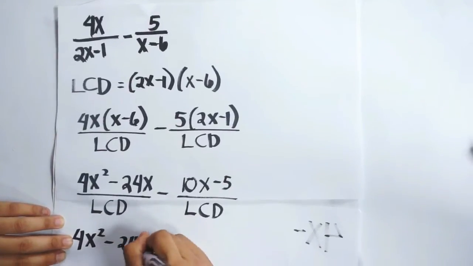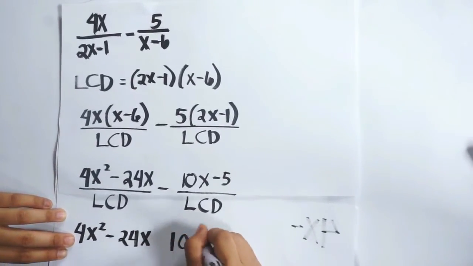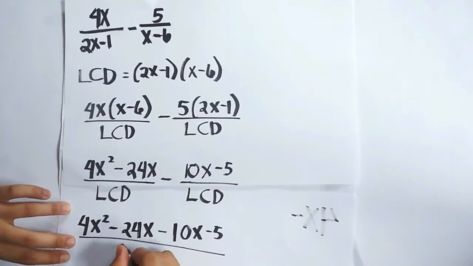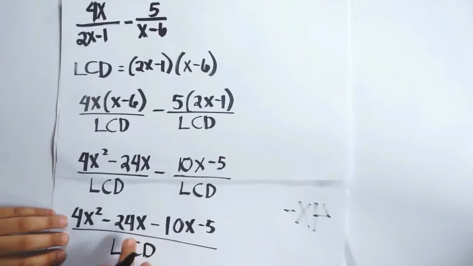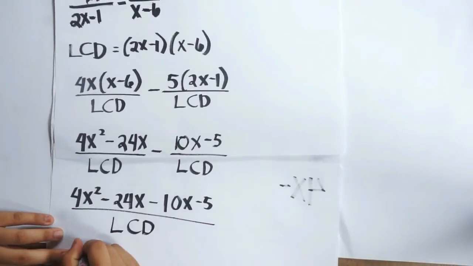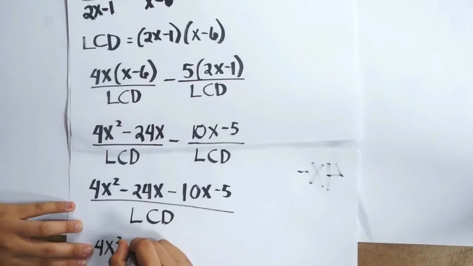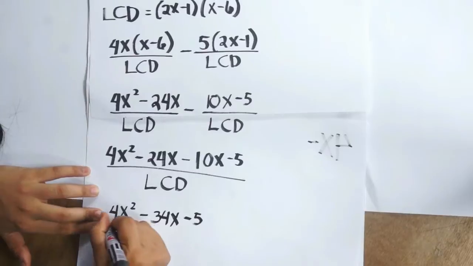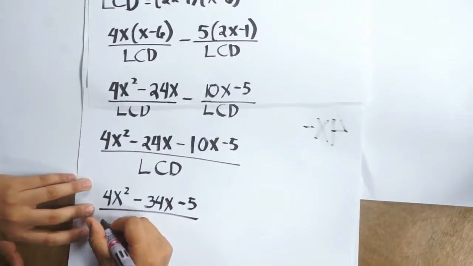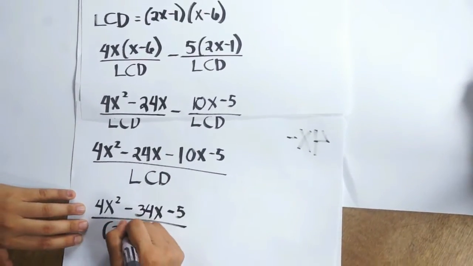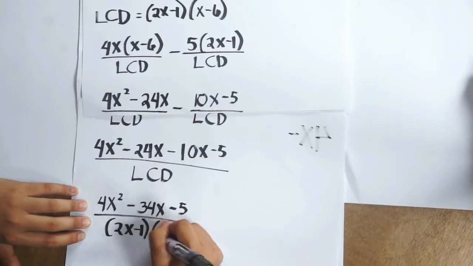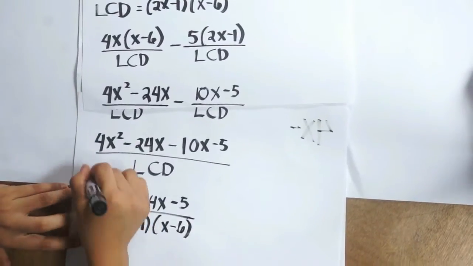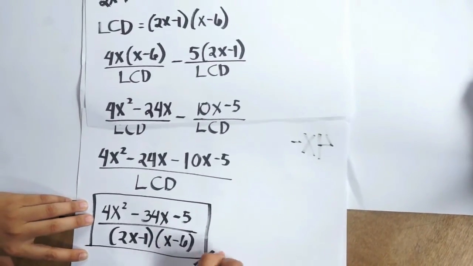We write 4x squared minus 24x and 10x minus 5, then never forget to place the minus sign, all over LCD. Then we combine the like terms. We copy 4x squared, and minus 24x minus 10x is negative 34x, then minus 5 over LCD. Just copy the actual LCD, which is 2x minus 1 times x minus 6. The numerator and the denominator cannot be factored anymore, so this is the final answer.